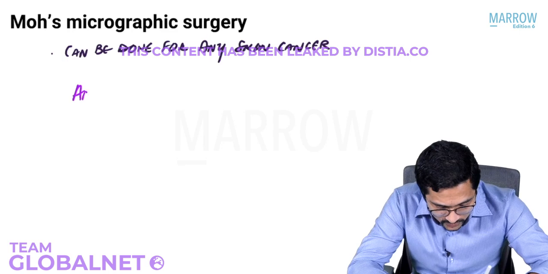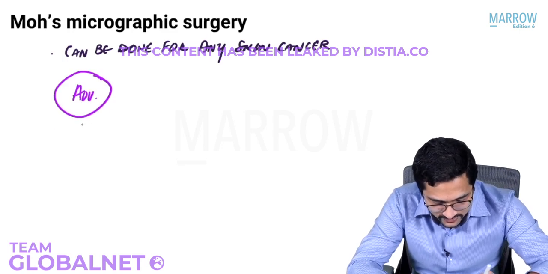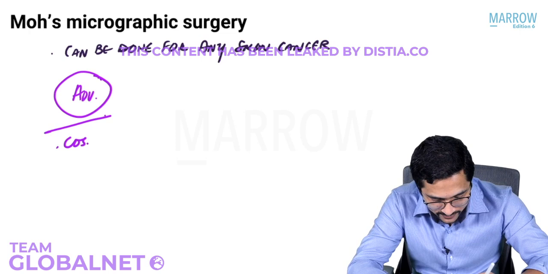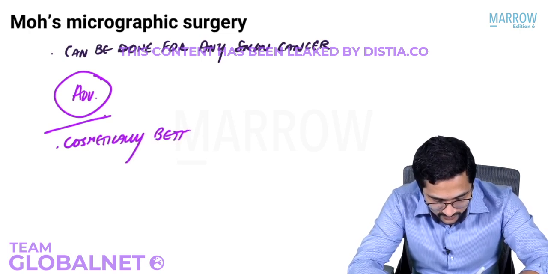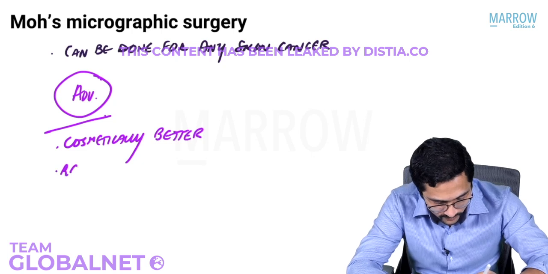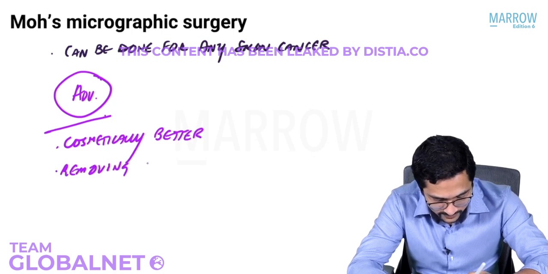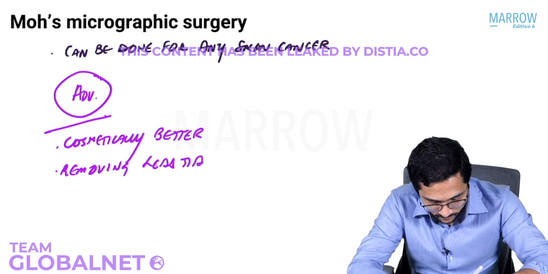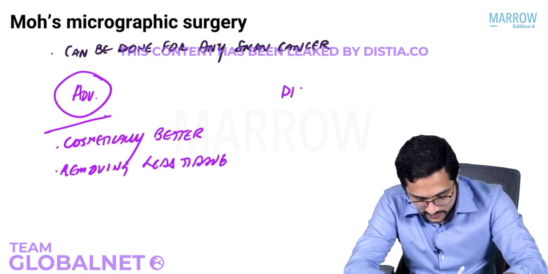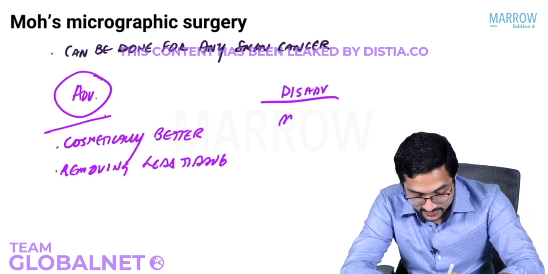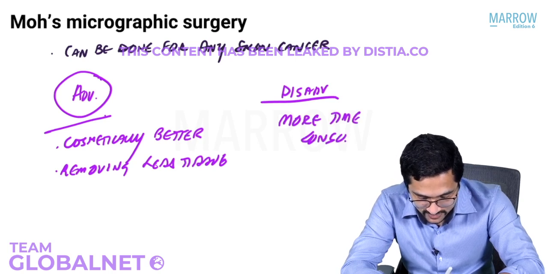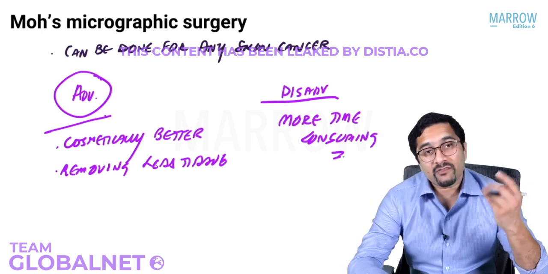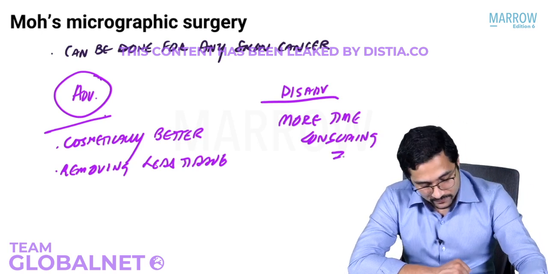The advantage of Mohs micrographic surgery is that it is cosmetically better. Why is this cosmetically better? Because we are removing less tissue. But what is the disadvantage of Mohs micrographic surgery? It is more time consuming, because every time you shave and then analyze the slide under the microscope, it will be more time consuming.